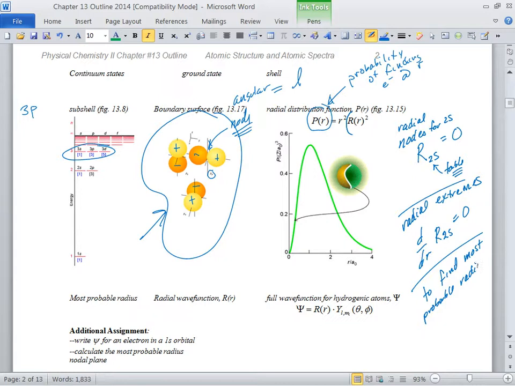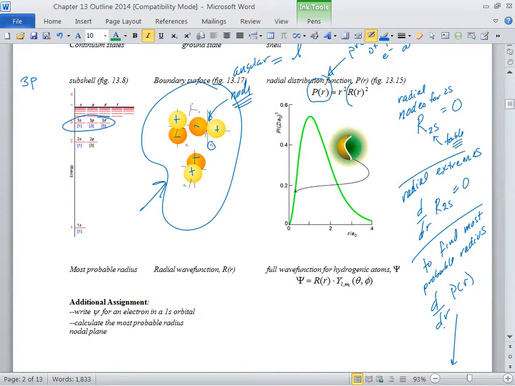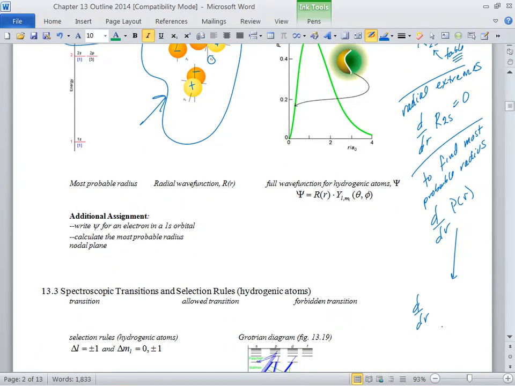This is how you set up each of these three situations. Now you take the derivative with respect to r of that P of r. But realize P of r is just r squared times the radial wave function, so just to make it more clear: the derivative with respect to r of r squared times the radial wave function.